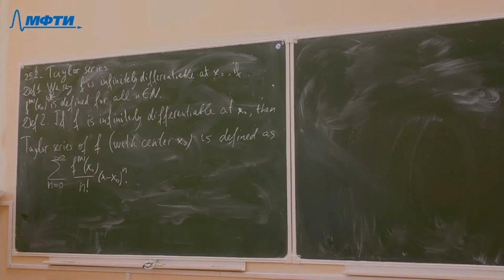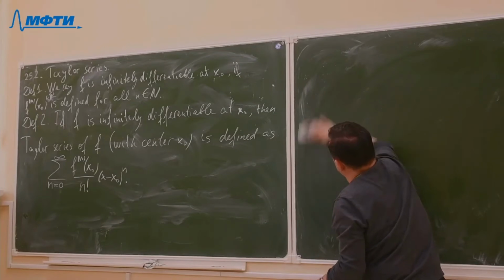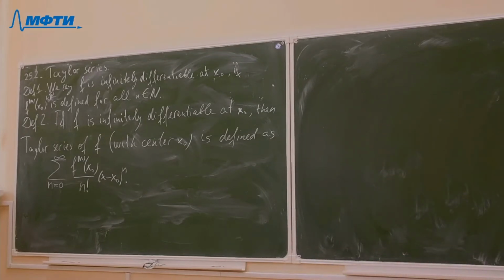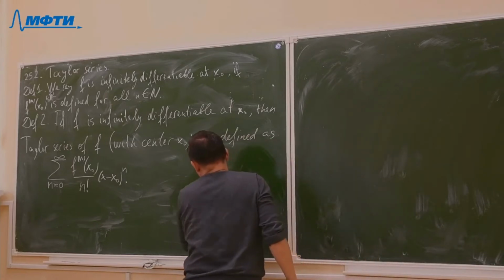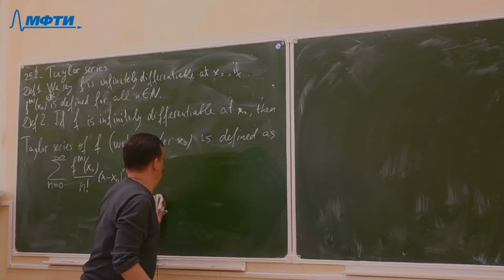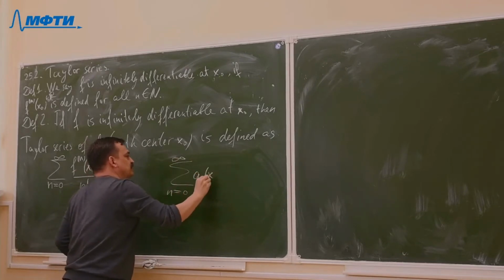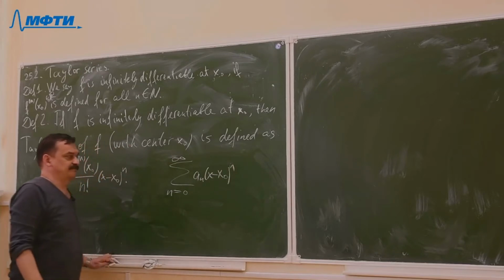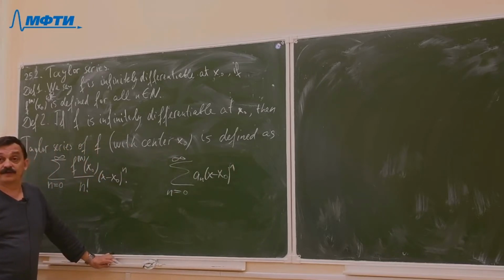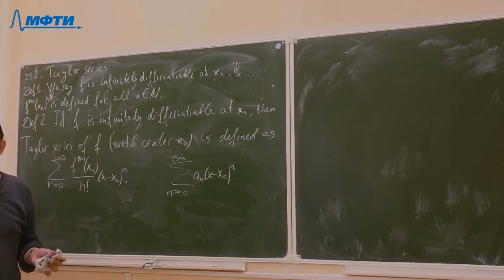So, let me explain the difference between general power series and Taylor series. When we have a general power series, what do we know? A general power series is a series of this kind, where the a_n are some coefficients, real or complex, doesn't matter.